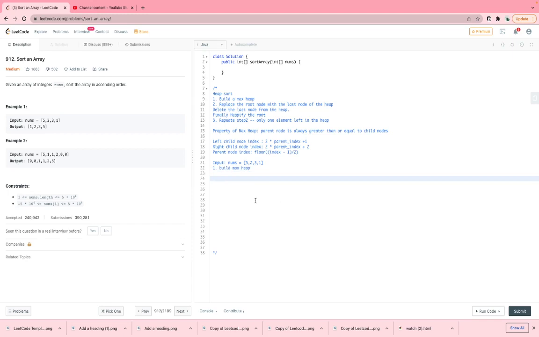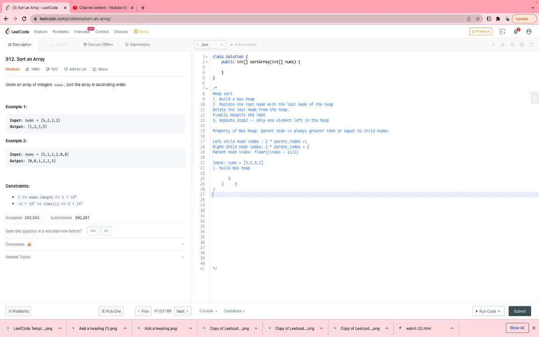This is 5, here is 2, here is 3, and then here is 1. This is the input data. We transfer the input data to a heap, and then we heapify to make it the max heap.